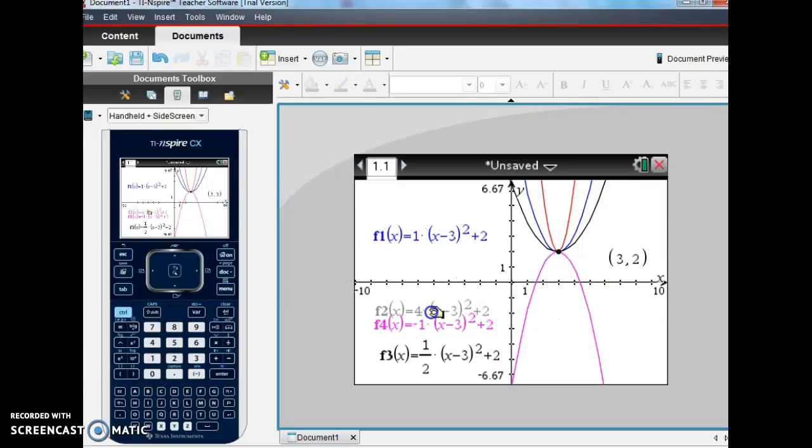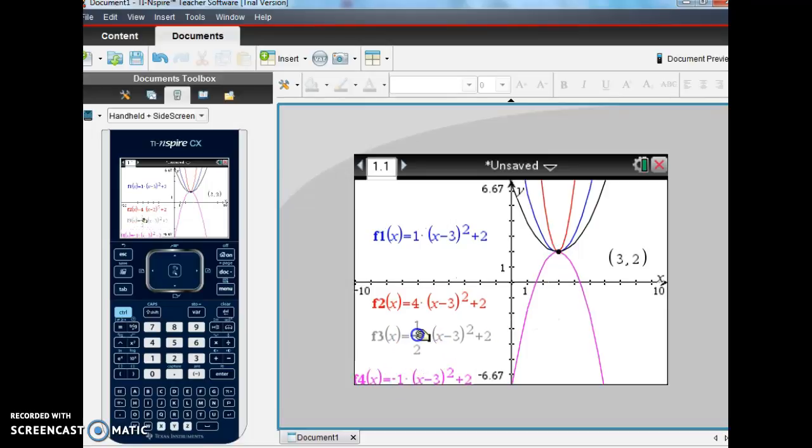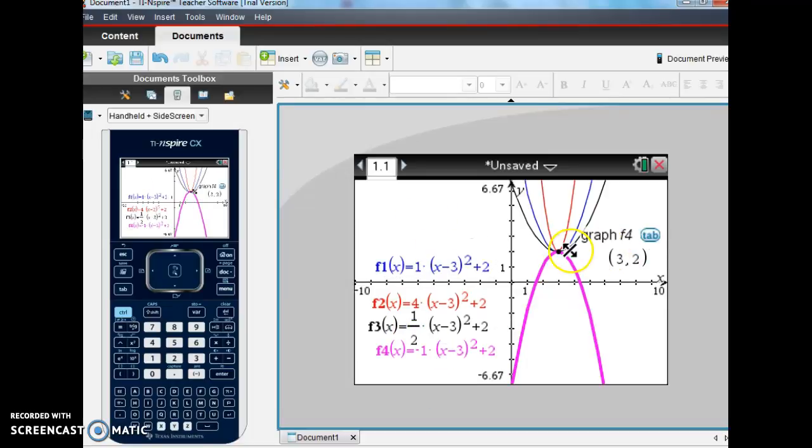Okay, so we've got, just so we can see our order here to make sure it's correct. So notice when a was negative, it flipped the whole graph upside down. So this determines which direction your graph is opening. So if it's negative, it goes down. If it's positive, it goes up.